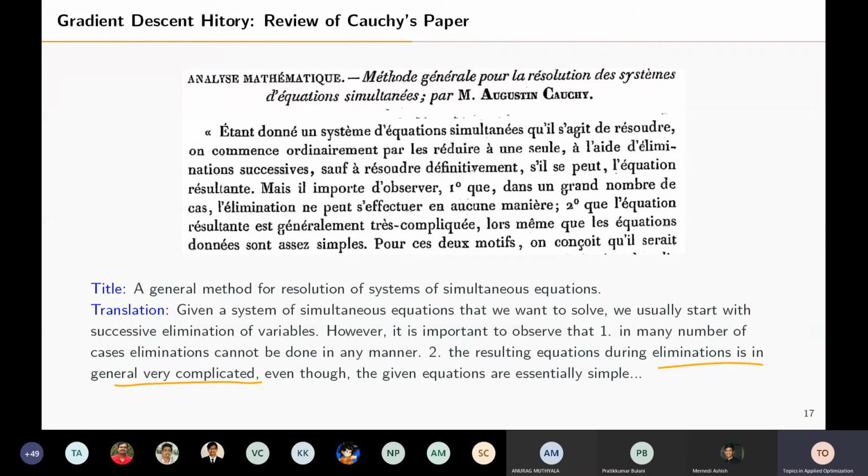This goes in line with what I told you before: if someone gives me a highly nonlinear function f(x, y), then even solving for the critical points is not an easy task. That's why we are interested in iterative methods, where we have a loop and update our x from time to time.